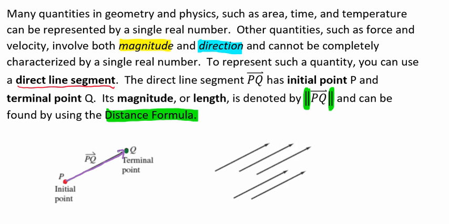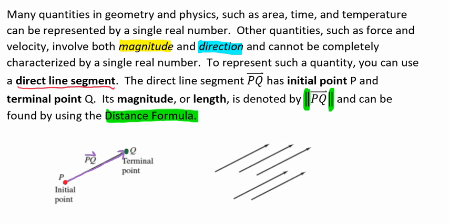And take a look at how we note this, the symbol for this. The symbol for this is kind of like an arrow, but it only has one part. And so we see that we have this beginning at P and this partial arrow tip at Q, and that's our terminal point.